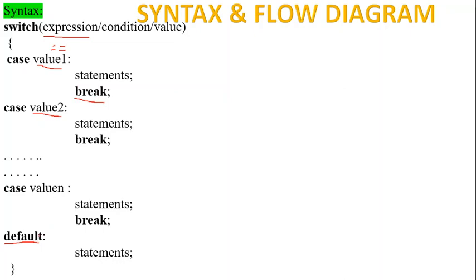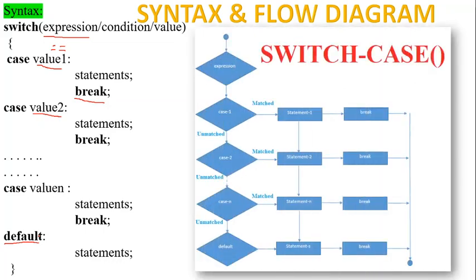Break and default are optional. Now you see the flow diagram, so you will get more clarity on the switch case. Please don't quit in the middle. I am going to explain with an example also.